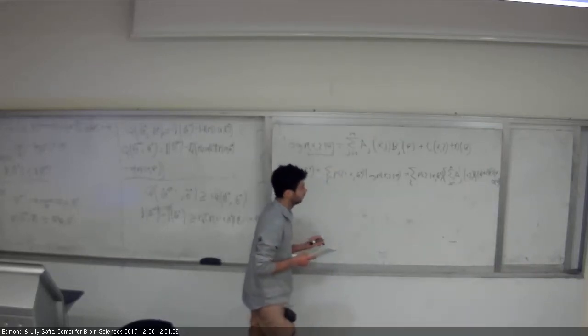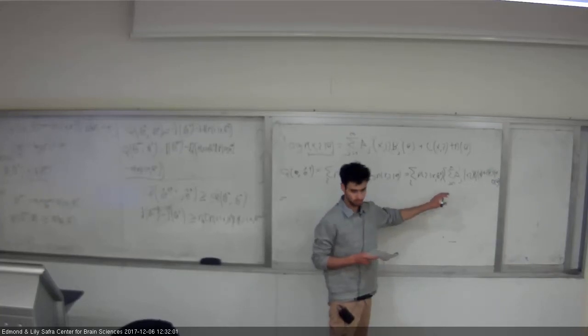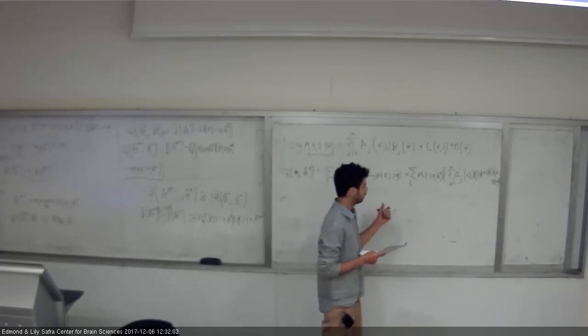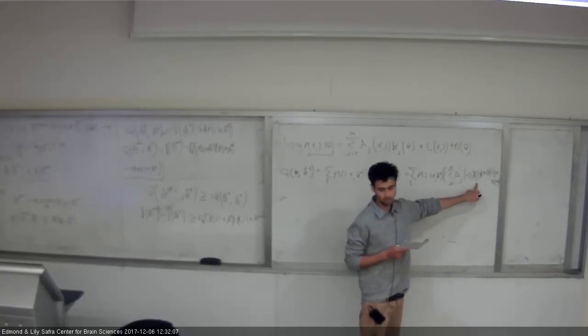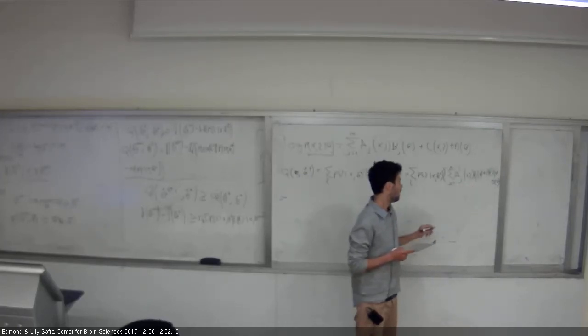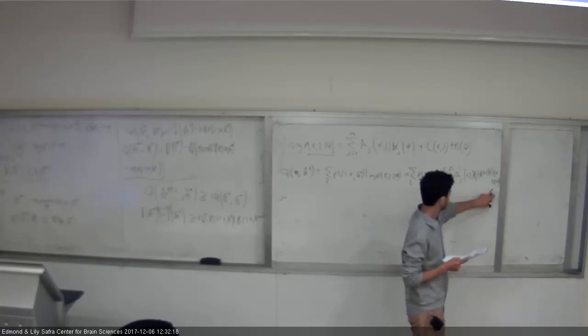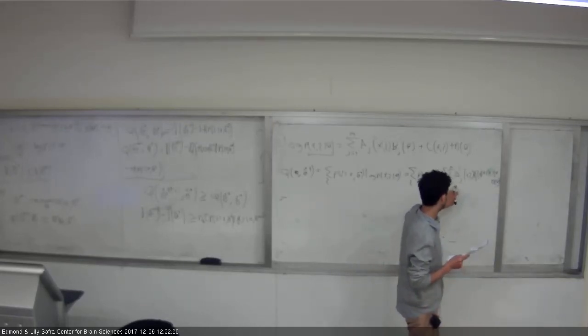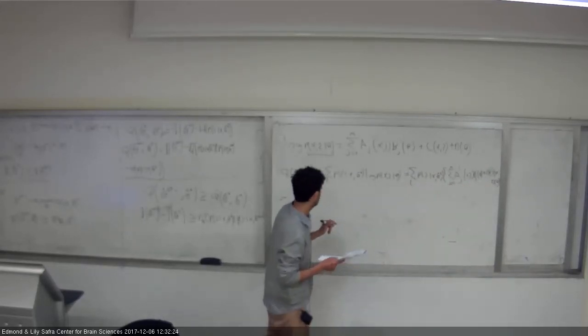Now we can decompose it. Look, this term b doesn't depend on z, and also d doesn't depend on z, so we're left with only a and c.